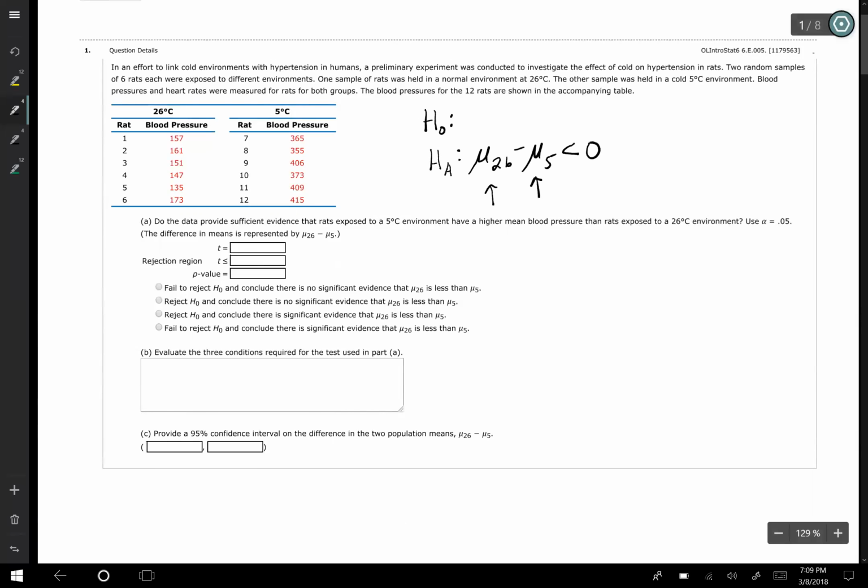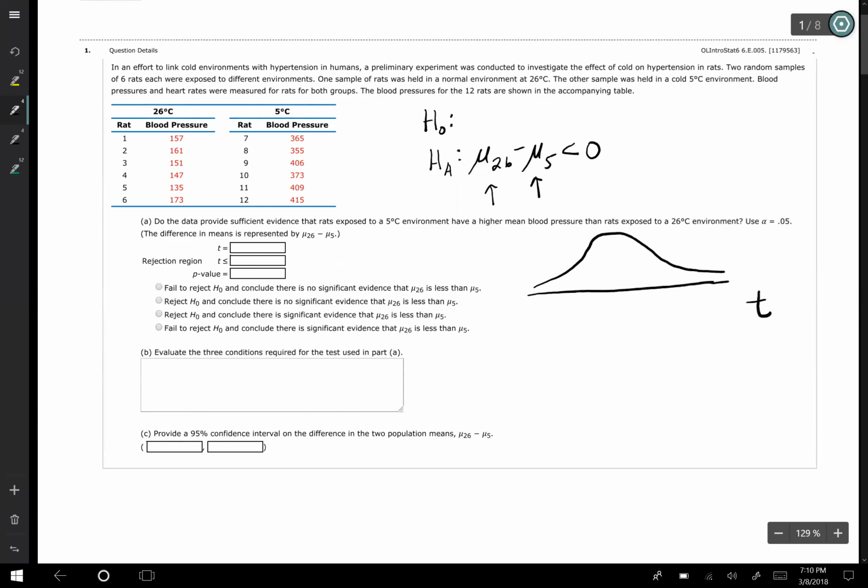So the difference has to be less than 0. So this is going to yield a left tail test, which is why the rejection region starts off here with less than or equal to. So the rejection region goes back to the test statistic, and we have a t-test statistic here.